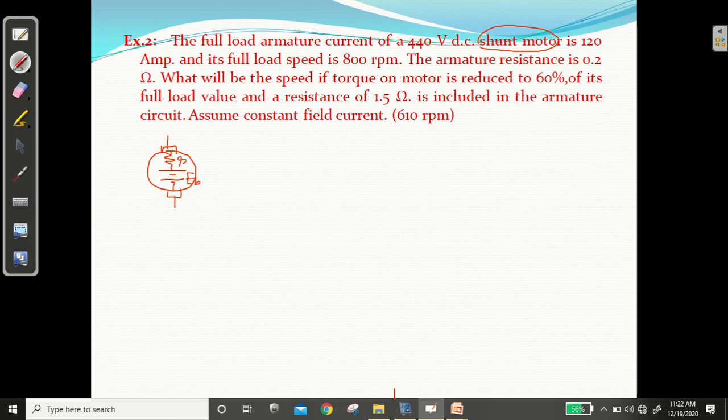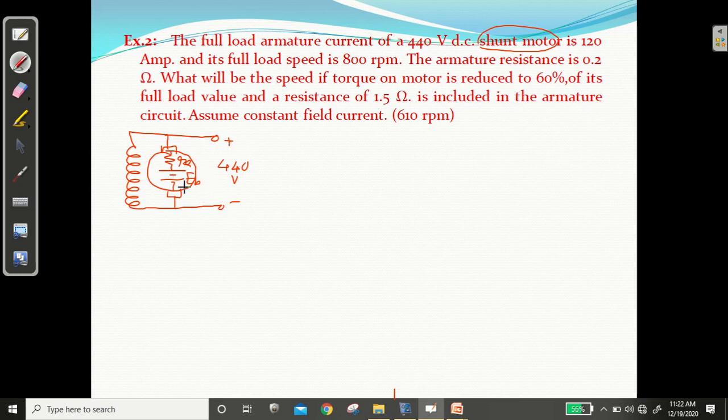EB, RA, okay, I have given 440 volt, plus minus DC voltage, मतलब polarity will be marked plus and minus. Don't mark P and N. Don't mark phase and neutral. In case of DC, we will mark plus and minus. In case of AC, we will write P and N.